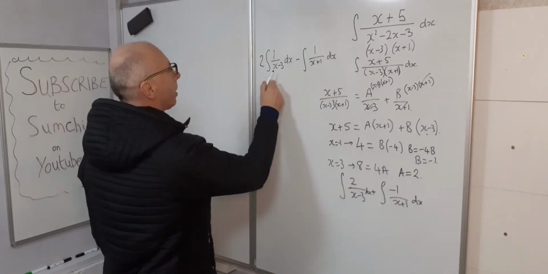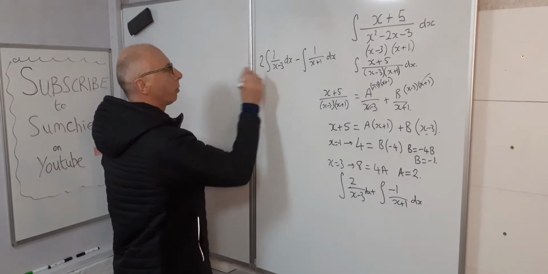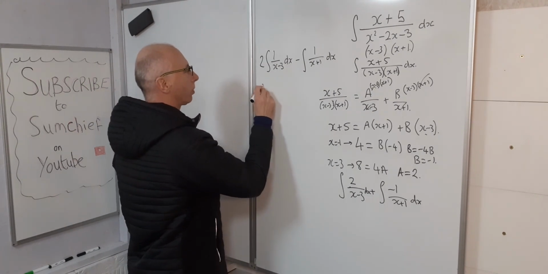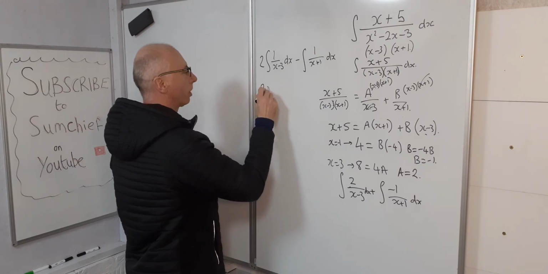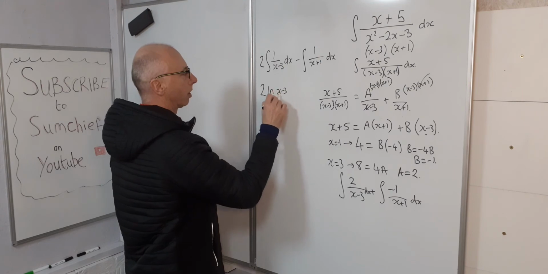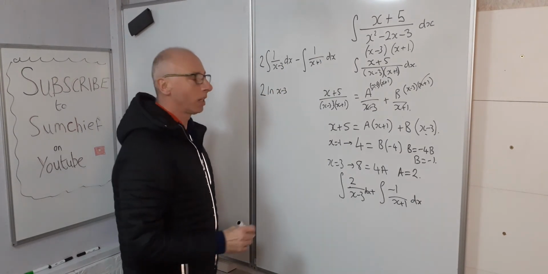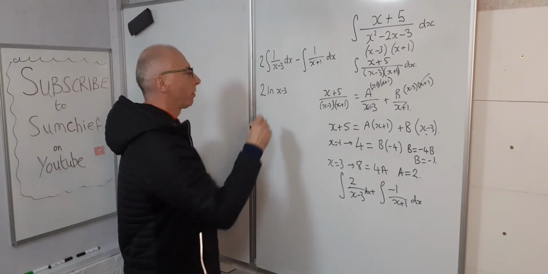So this one, 1 over x minus 3, that's going to be natural log, but with the 2 out front, we've got 2 natural log of x minus 3. Now, we don't know if x minus 3 is positive or negative. Because it's the log, we need to put in the absolute value.